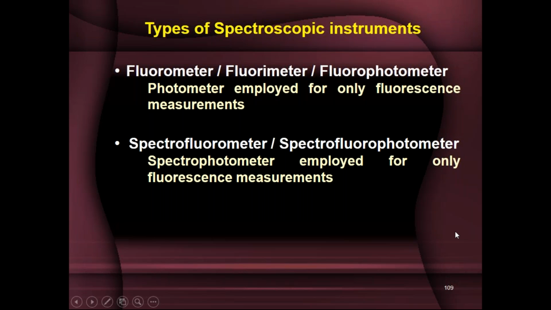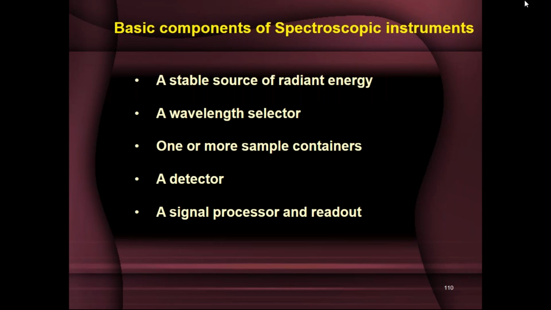And if a spectrophotometer is used only for fluorescence measurement, it's called a spectrofluorometer, spectrofluorimeter, or a spectrofluorophotometer. So again, like I told you, the term spectro is used. That means the wavelength selector in the instrument is a monochromator. And if you don't have the term spectro, then it's a filter which is used for wavelength selector. So these are the different types of instruments that you come across generally in UV visible spectroscopy.